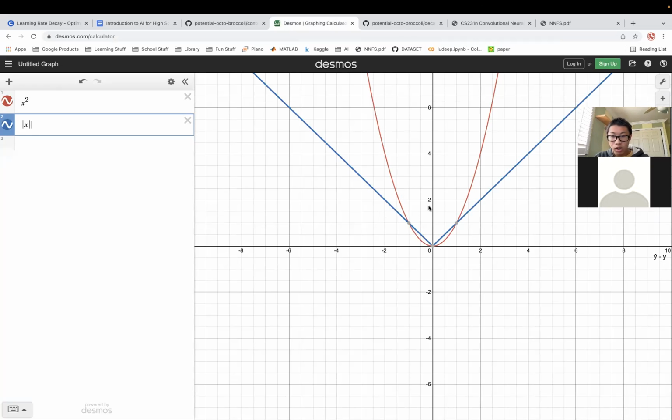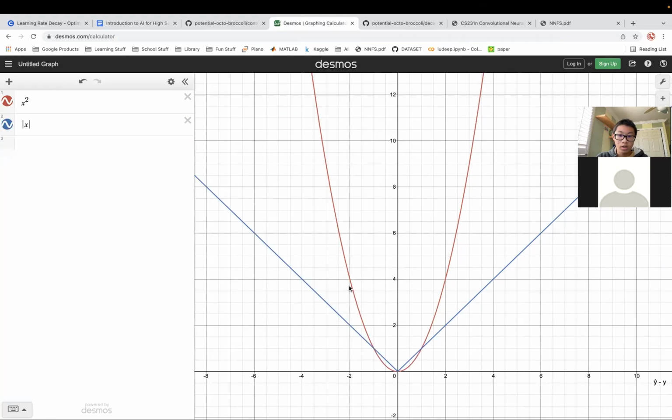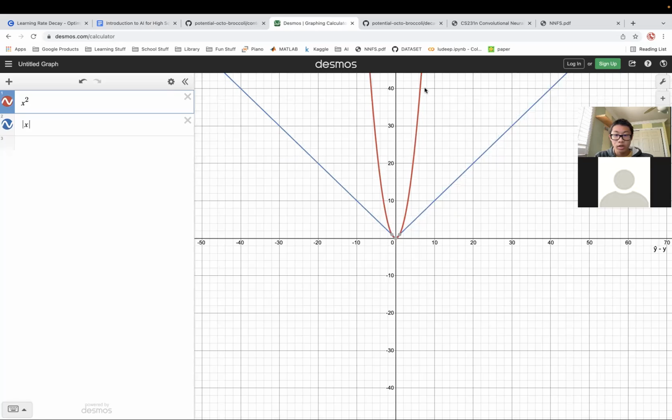For MAE, as your difference increases, your cost still increases by the same amount. But for MSE, as you get farther and farther away, your cost grows exponentially. So if you're over here on the cost function, you're going to learn really fast because your partial derivative at this point is really high.